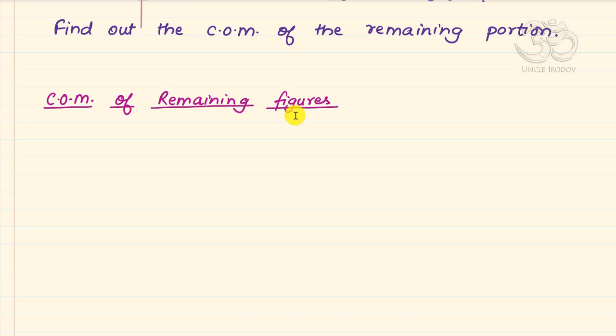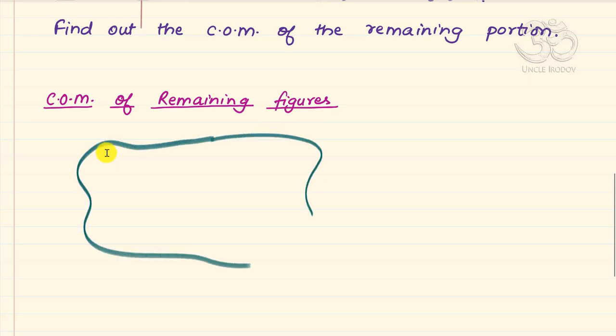Let us say that there is an arbitrary shaped object whose mass is known. Let us say the mass of this object is m total. And let us also say that its center of mass is known. Its center of mass is somewhere. So it's some point here, which is its x center of mass comma y center of mass.